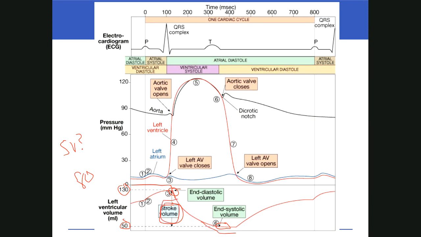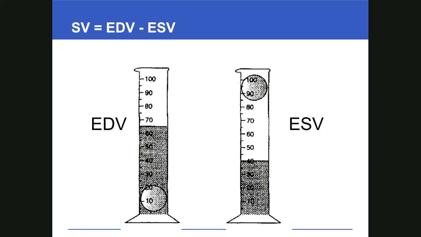Can EDV be less than ESV? The answer to that is no. Let's go back to our picture here. If I only had 10 in this thing, the maximum I could pour out would be 10, right? If I pour out any of it, is it going to be 40?